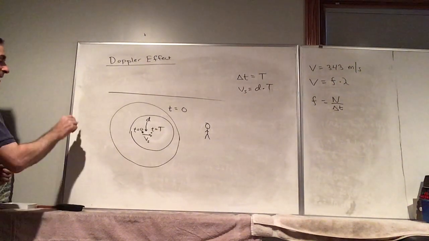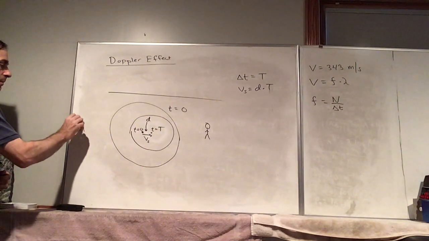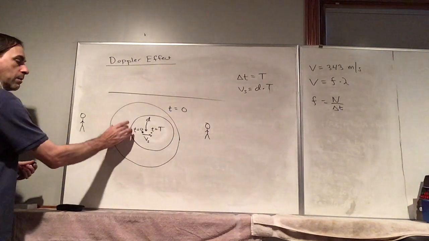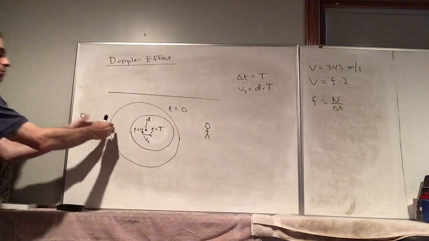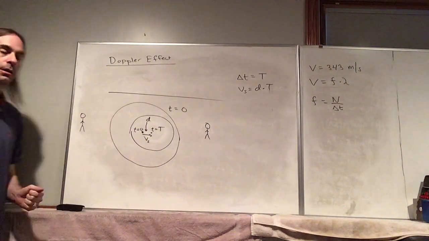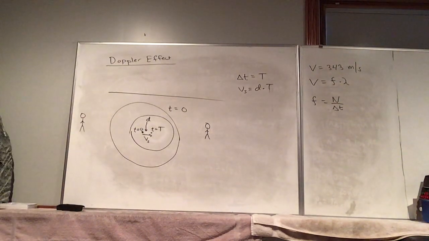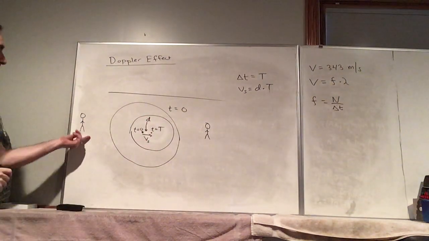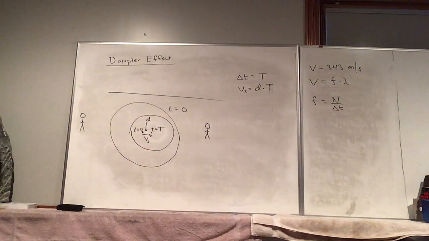Whereas if you're on this side, the source is moving away from you, and the wavefronts are spaced further apart than if the source was stationary. And so this observer is going to see a shorter wavelength, and this observer is going to see a longer wavelength.